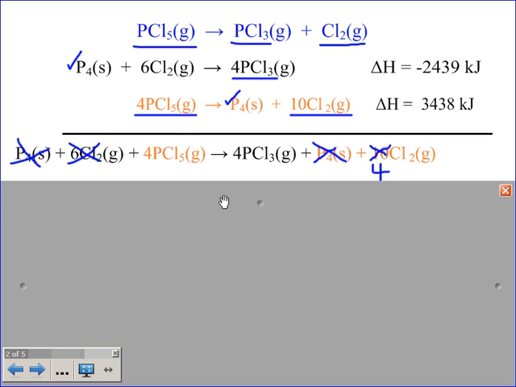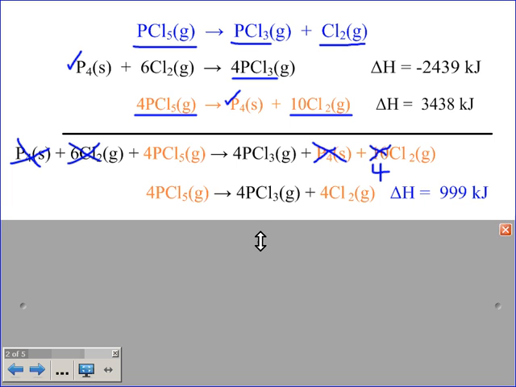So to neaten things up, I've added these two, the black and the orange equation, together. I can also add their enthalpies together. So if I get rid of the things I crossed out, I end up with 4 PCl5 making 4 PCl3 plus 4 chlorine gas. The enthalpy for that reaction is 999 kilojoules.